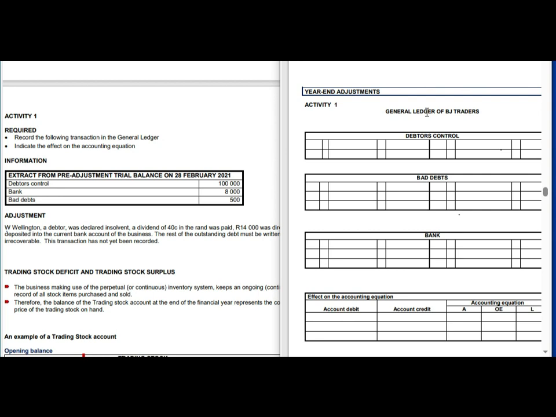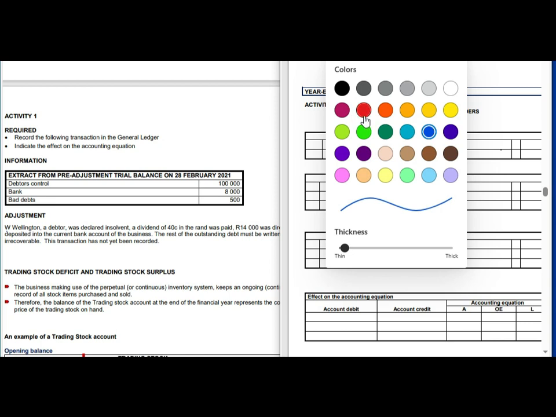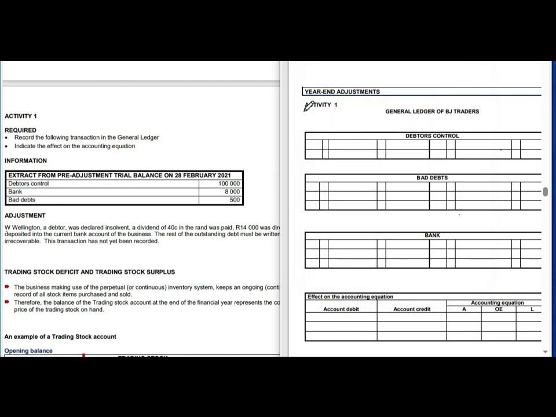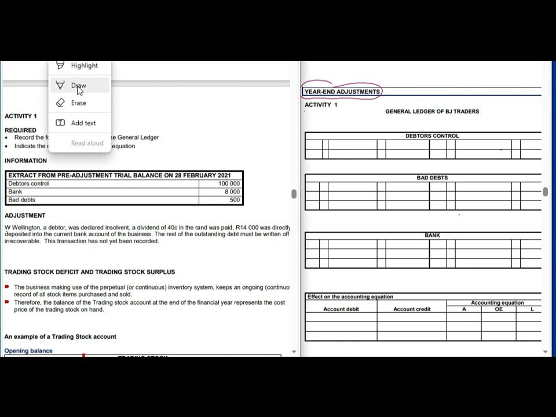So guys, in this activity we are going to take a look at year-end adjustment, and I have a nice activity here that we can use to complete what is required.